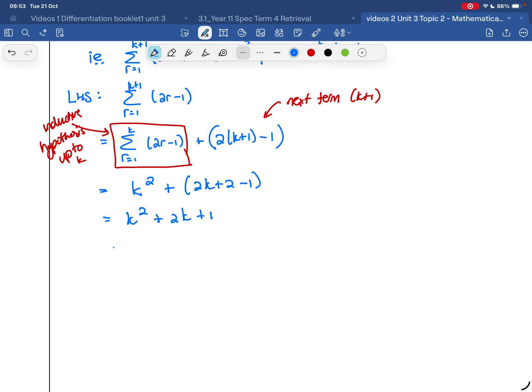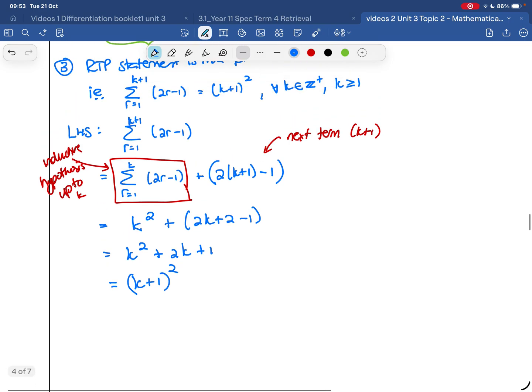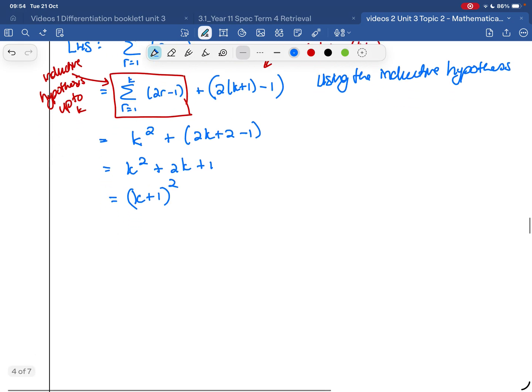Okay, and I see that's a perfect square, and that can be written as k plus 1 squared. I forgot to write here, using the inductive hypothesis, and that's equal to my right-hand side.